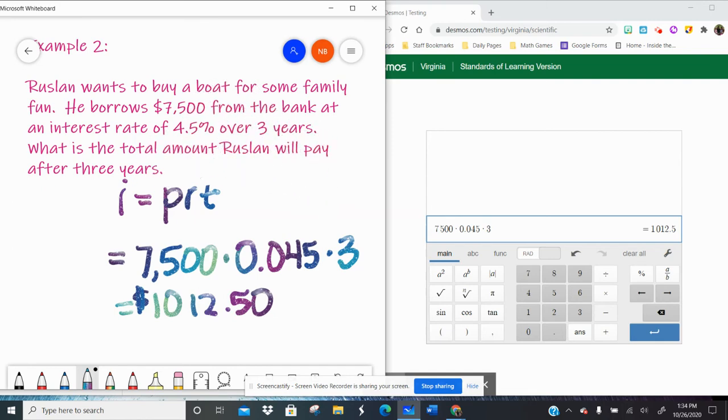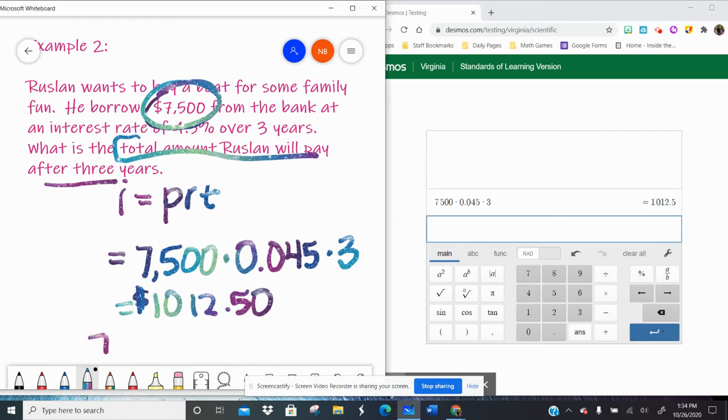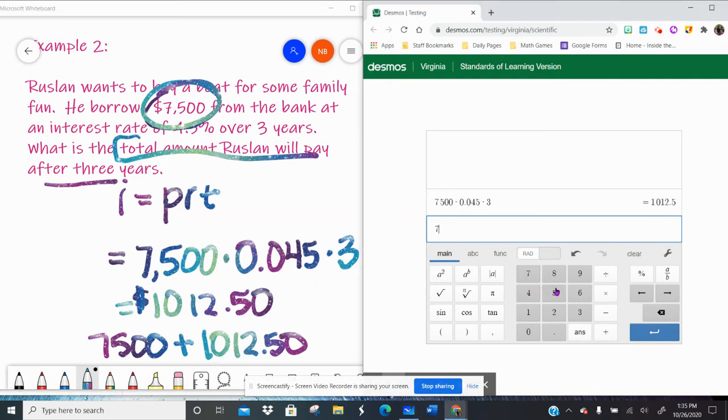But let's go back to our question. Let's clear out all this drama so we can really read it. It says, what is the total amount Ruslan will pay after three years? Well, on top of interest, he has to pay back his principal cost. That's what he borrowed from the bank. So we're going to now add in that 7,500 plus our interest, because when you pay back a loan, you have to pay back what you borrowed plus that extra percent.